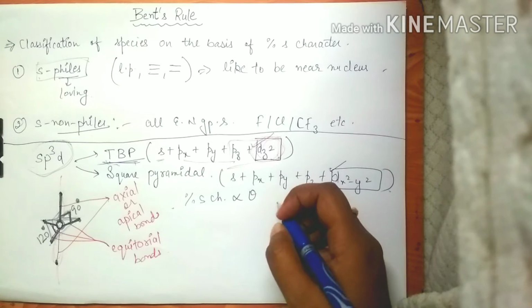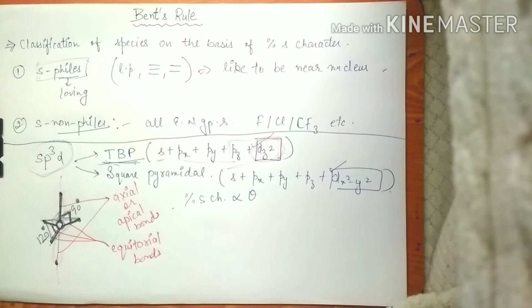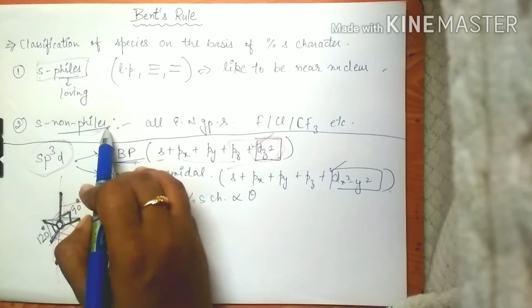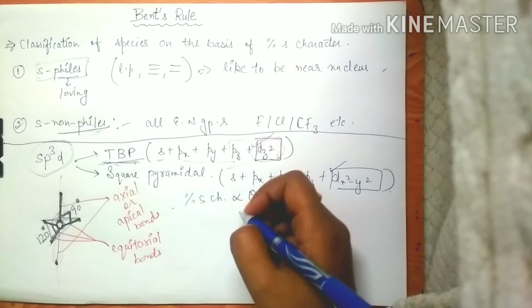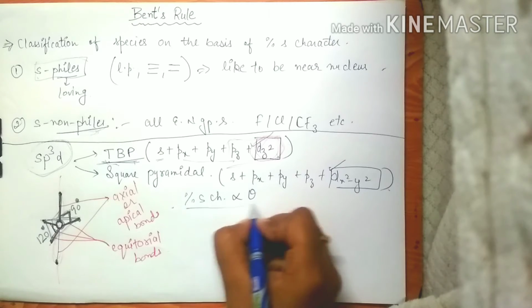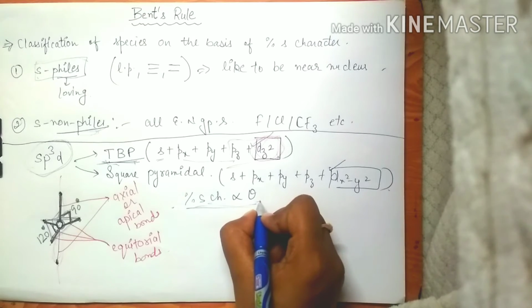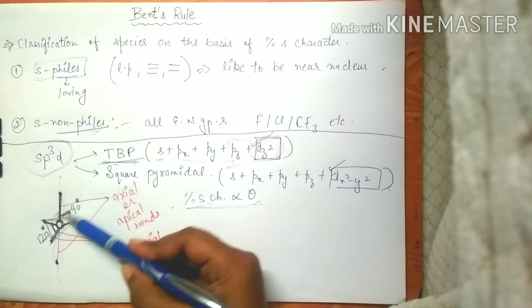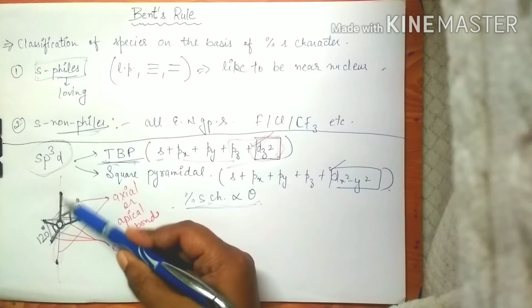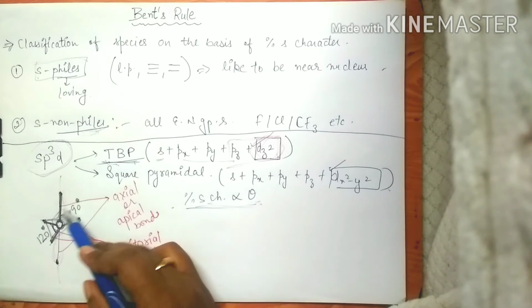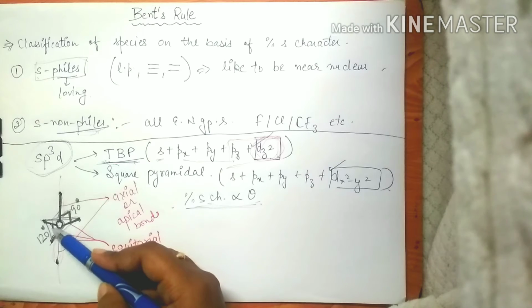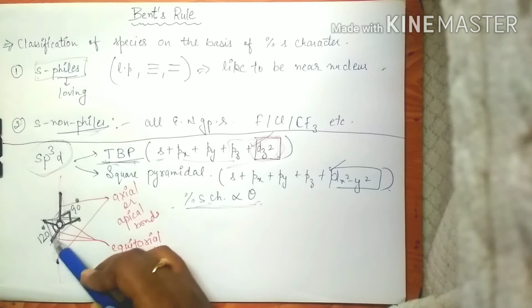Your axial bonds will be preferred by S non-philes. Why? Percentage S character is directly proportional to theta, and theta is less in the case of the axial bonds. For axial bonds theta is less, and for equatorial bonds theta is more.